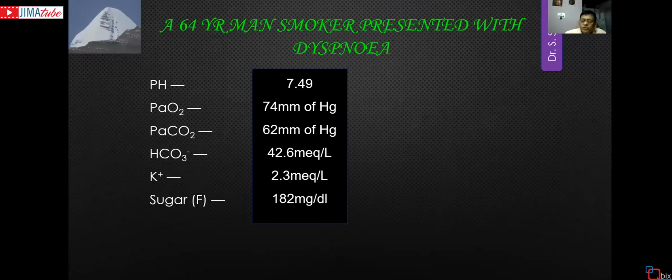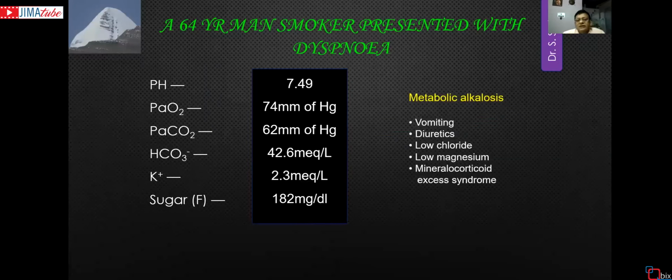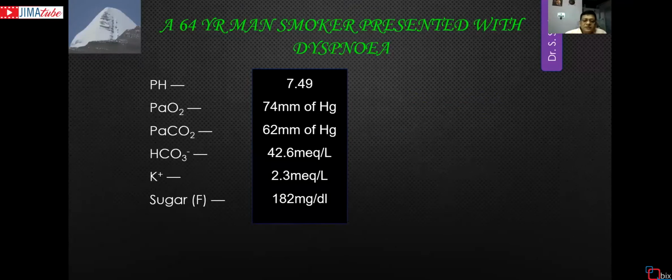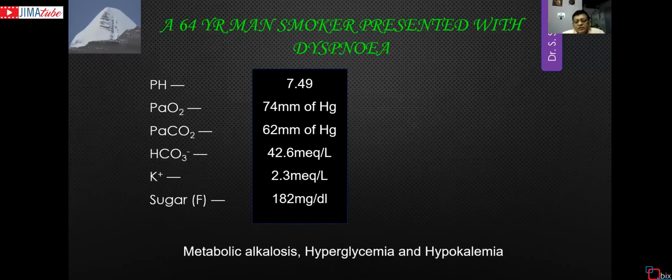The common causes of metabolic alkalosis are vomiting, diuretics, low chloride, low magnesium, and they can be easily distinguished and easily managed. But in this patient, there is a triad of metabolic alkalosis, hyperglycemia, and hypokalemia that indicates a mineralocorticoid excess syndrome.